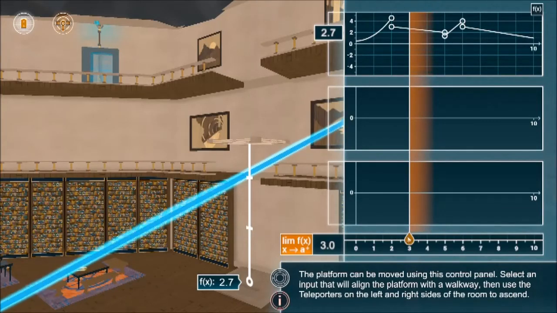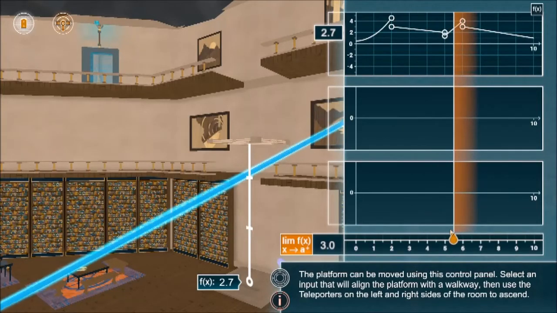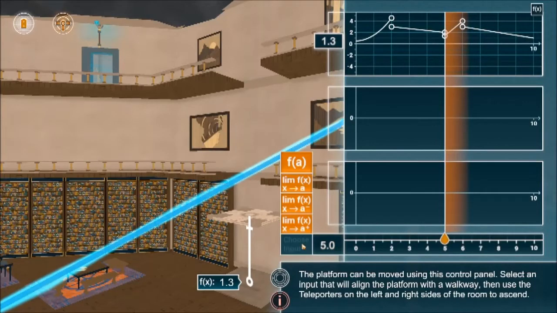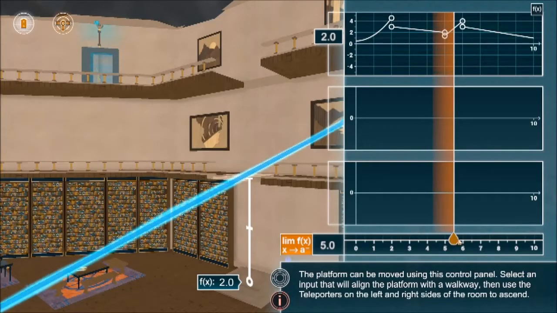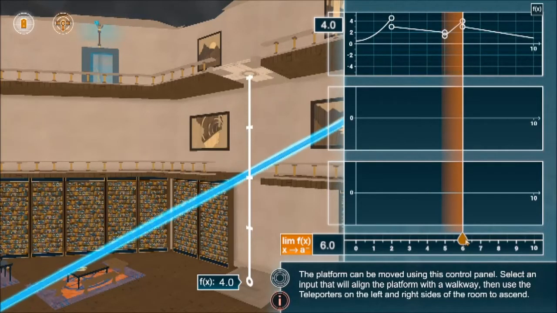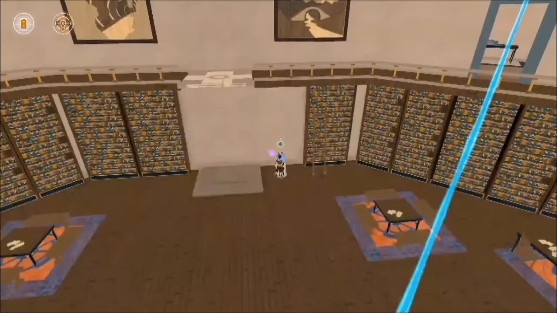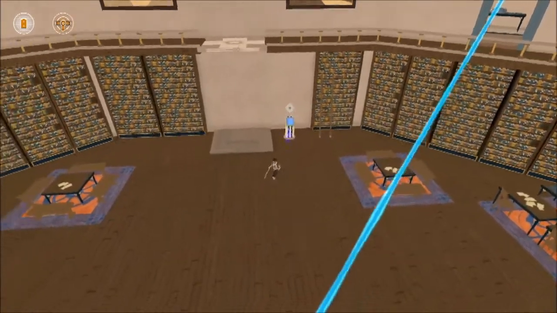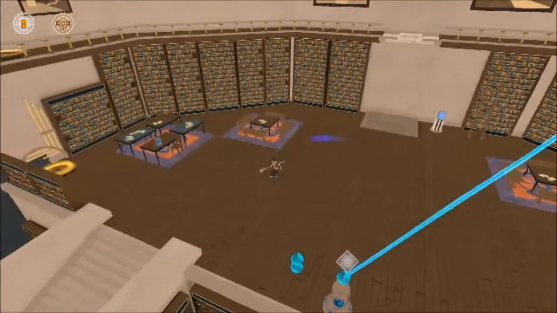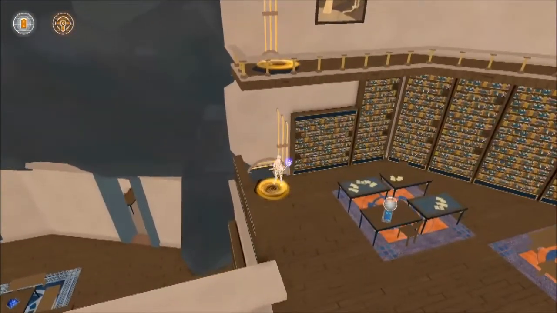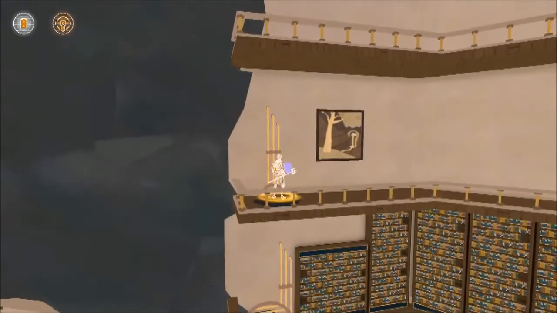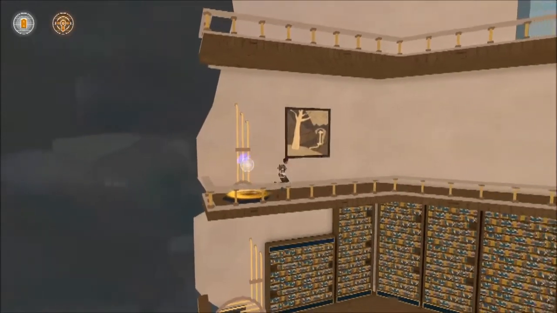Because it's looking like it's around about the 2 mark. That's useful. So we want the negative. There we go. And I'm guessing 4 will be the one for the other floor. Yeah. So we've got that in place. Now we can hop into the teleporter. And here we go.